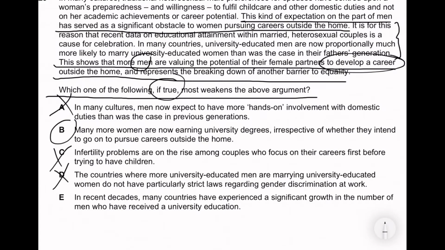Even if there were more university educated men, you'd have to have more university educated women in order to make that proportion go up, right? So I don't think this actually weakens the argument. If anything, it's strengthening the argument that there are more university educated women out there who the university educated men are out to pursue. So E is not the answer. I'm going to have to go with B as the correct answer.